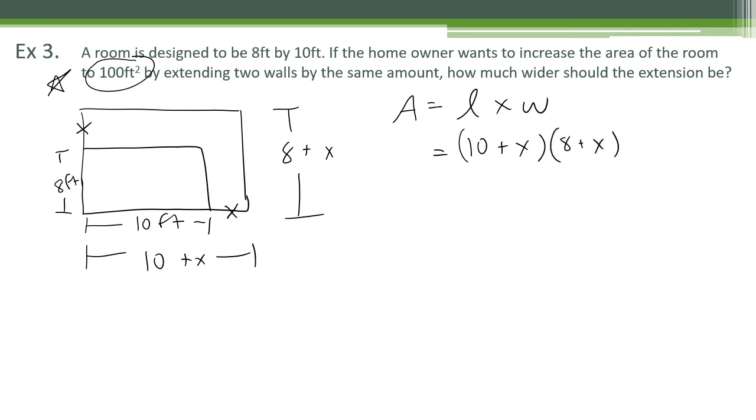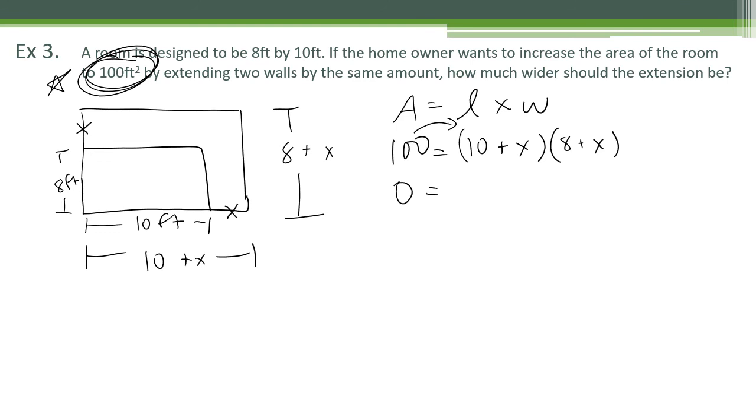The width is going to be the 8 plus x side. And we know what the whole area is supposed to be. The whole area is supposed to be 100 feet squared. That is a specific value. Set it equal to 0, so on and so forth. So bring that over, it becomes negative.